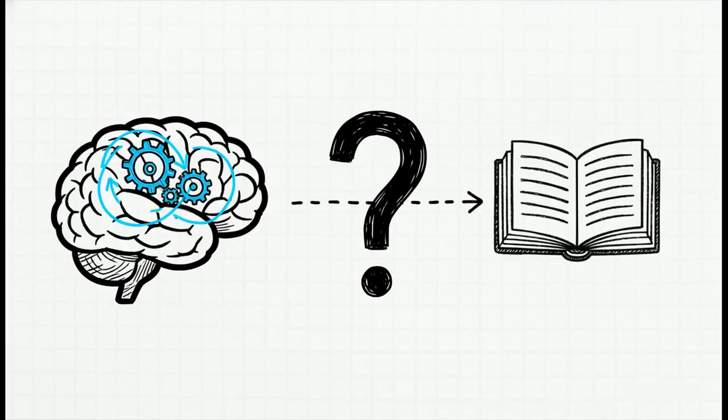Ultimately, the solution is to architecturally separate the brain, which is your LLM, from the book, which is your company's knowledge. The prompt's job is to teach the brain how to read the book, but the book itself has to live somewhere else. The big question then becomes, how do you actually build that book and teach the AI to reference it on the fly? And that, well, that's a topic for our next explain.